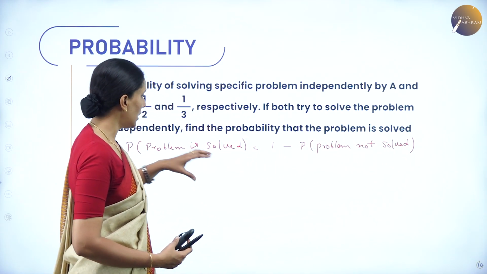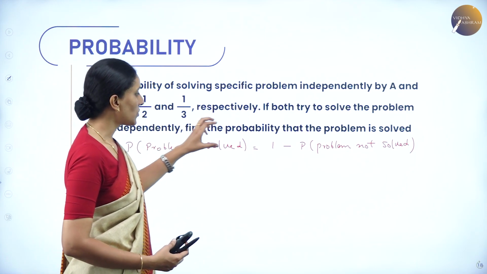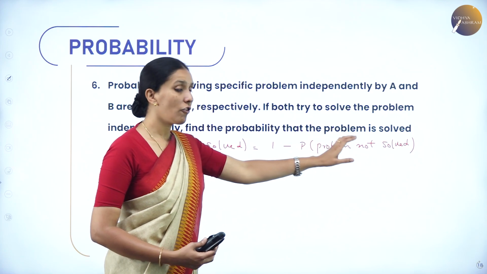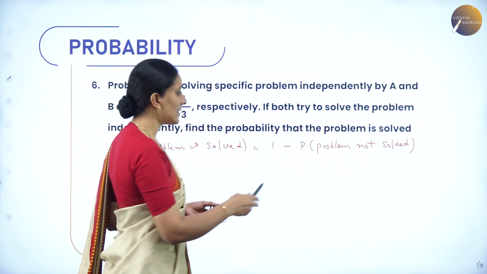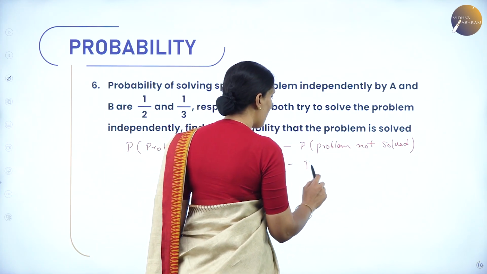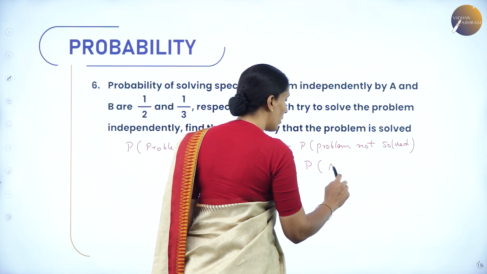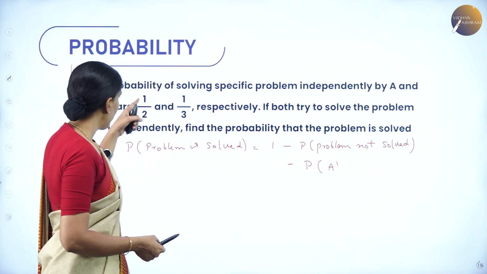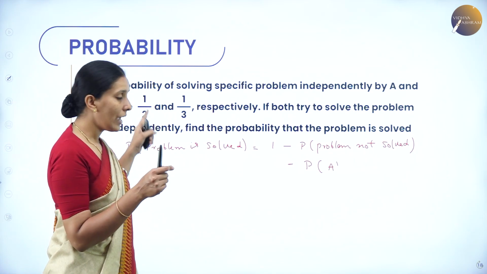So therefore, here the probability of the problem being solved is taken in the form of 1 minus the probability of the problem not solved. When I say not solved, it is neither solved by A nor by B. If I take A, they have given that the probability of A is 1 by 2.